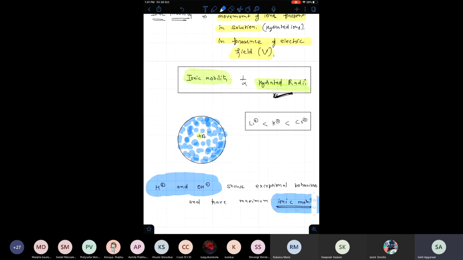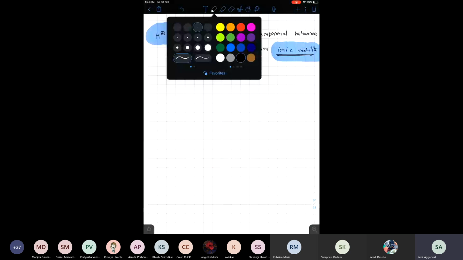ठीक है, कुछ और देखते हैं. Ionization energy. What do you mean by ionization energy?